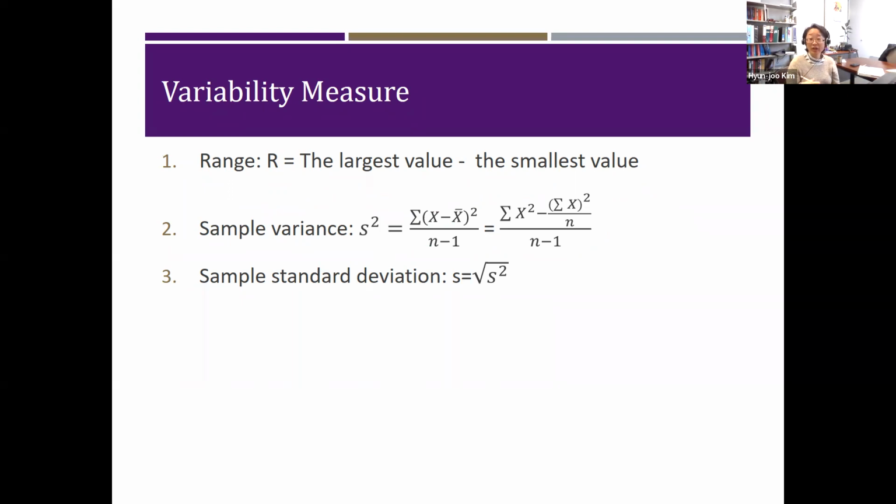But by taking the square root of it, you're going back to your original unit of measure, so we'll be going back to feet, for example. So some people like to use it a little better.